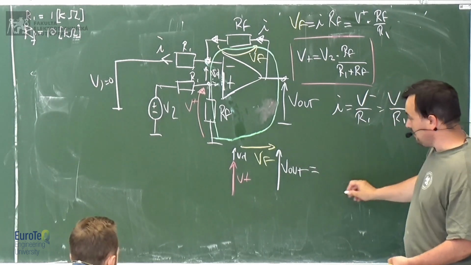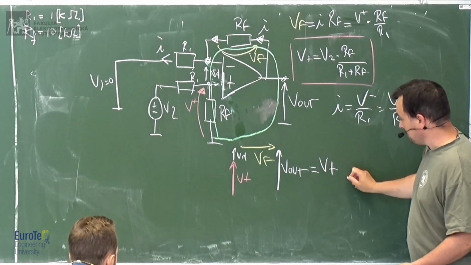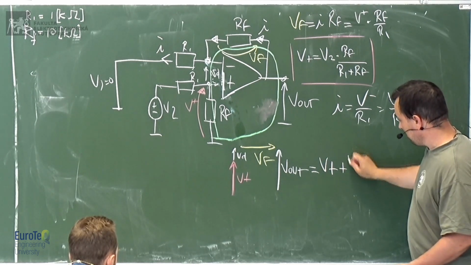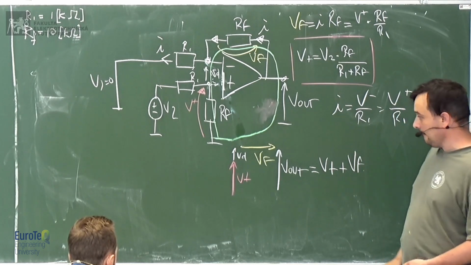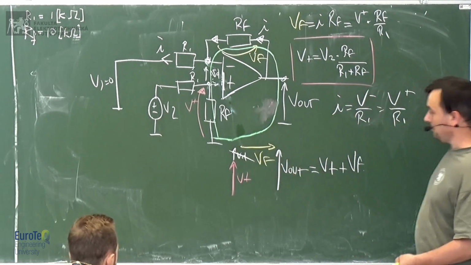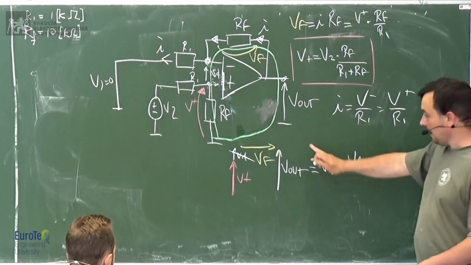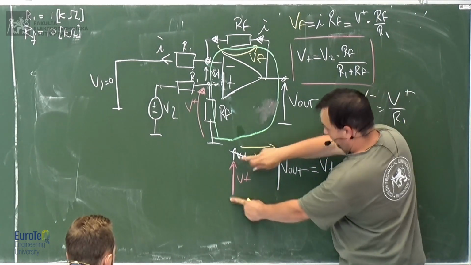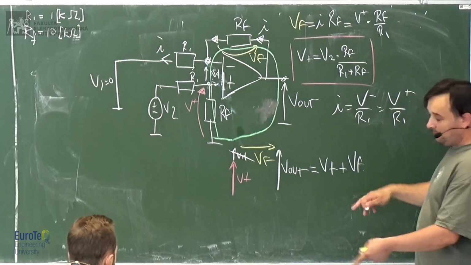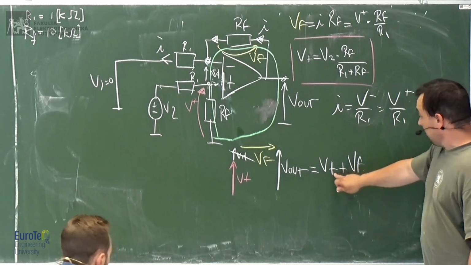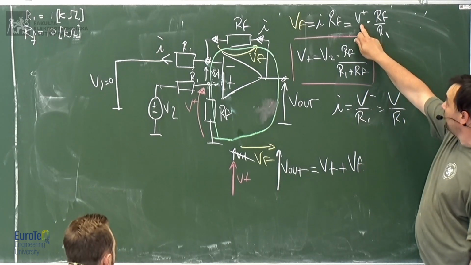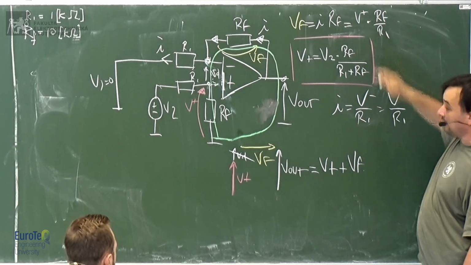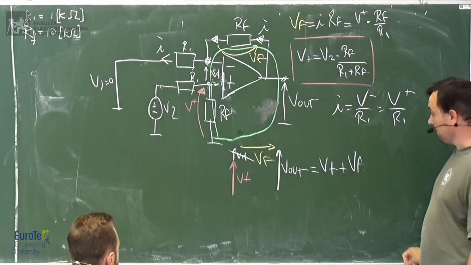So V out is equal to V plus plus VD, VD is 0, plus VF. So V out is the sum of V plus plus VF. Now, we know that VF is equal to RF divided by R1 times V plus.